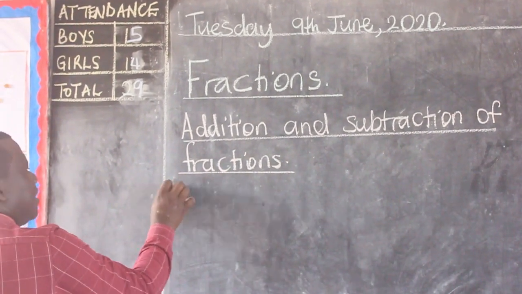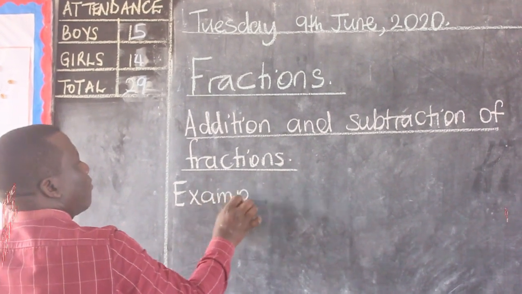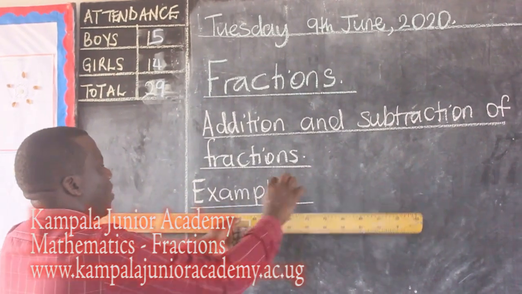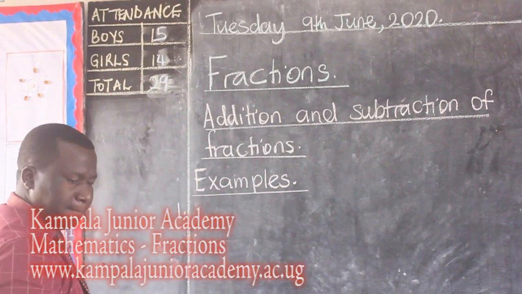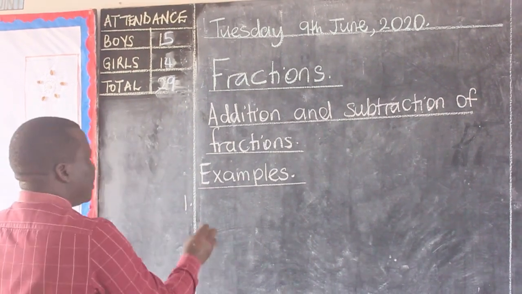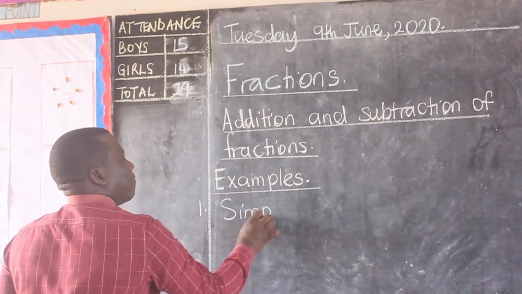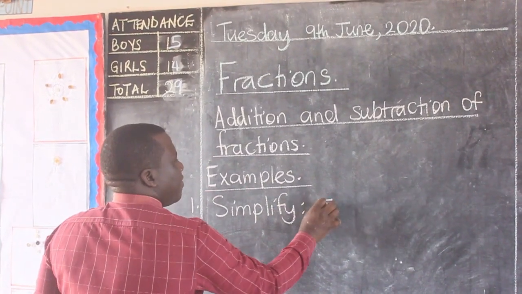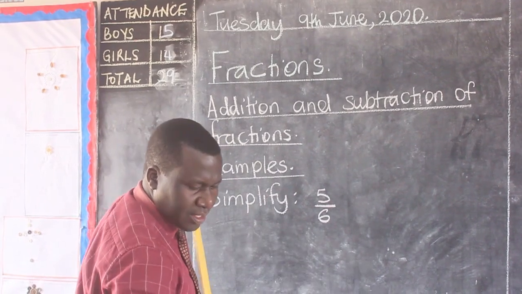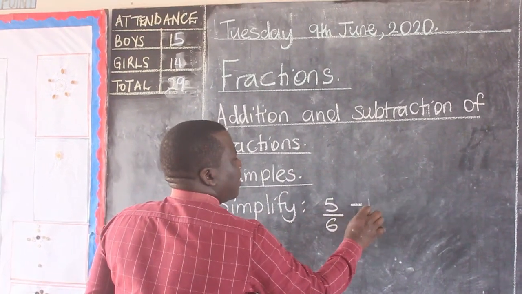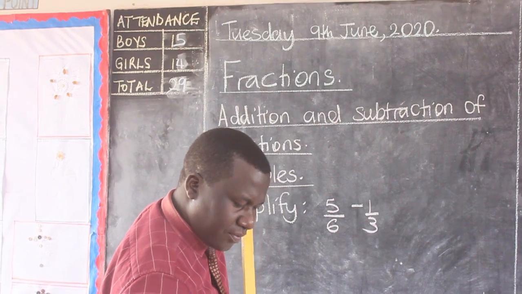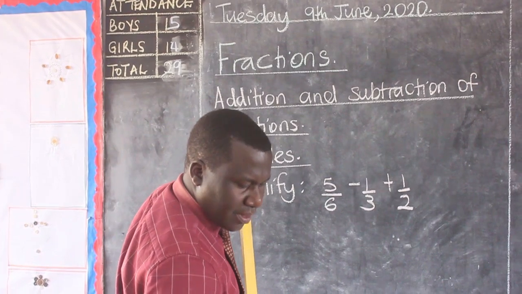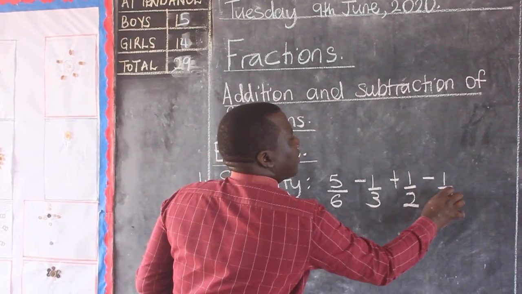In our first example, we shall say simplify 5/6 minus a third plus a half minus a fifth.